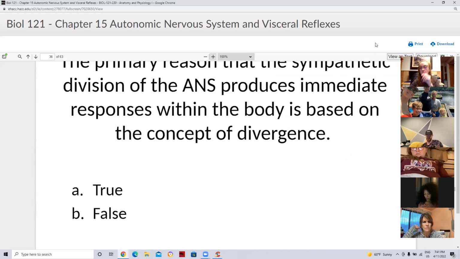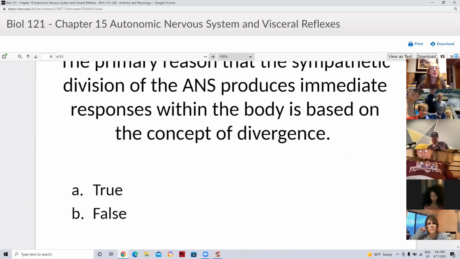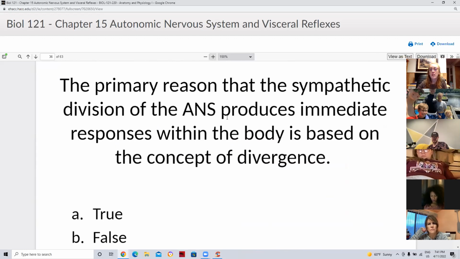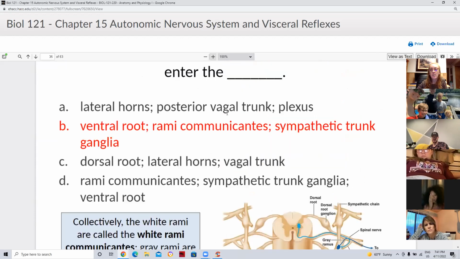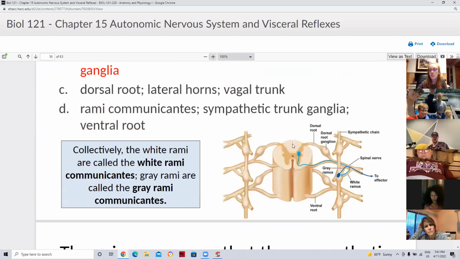Let's do one more. Is that clear how that works, before I skip over it? This part right here, where it's passing out, is going to be the white ramus, the myelinated preganglionic neuron. And then it's going to enter the sympathetic chain ganglion.